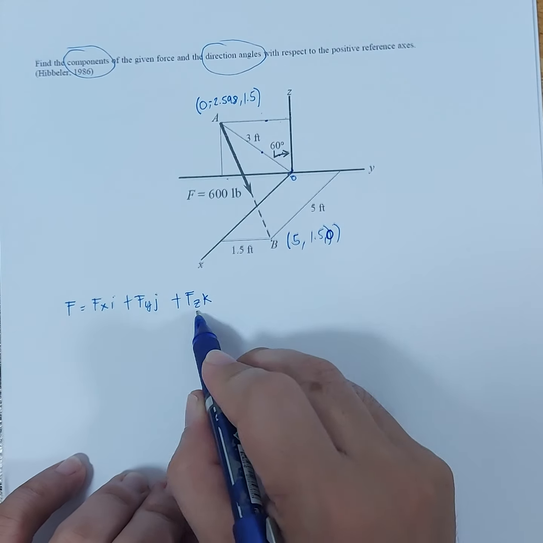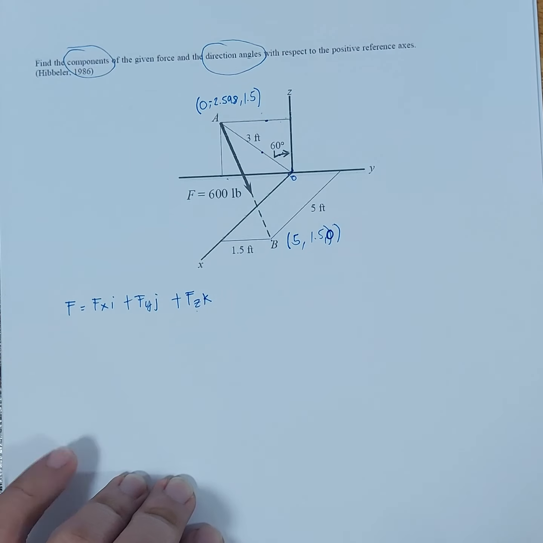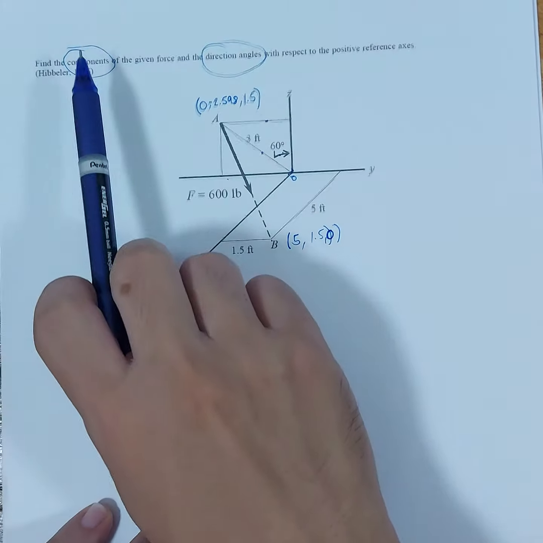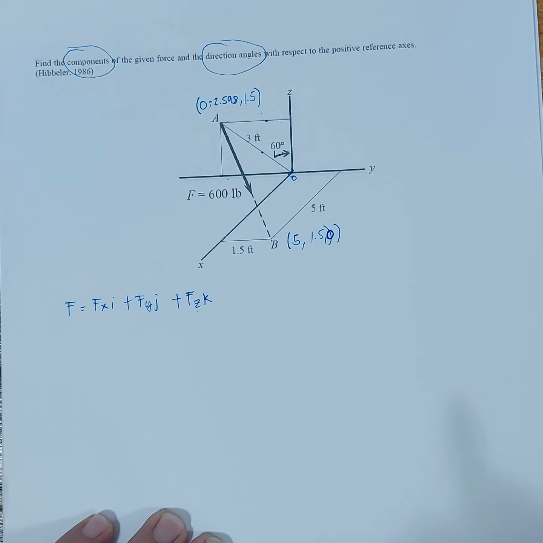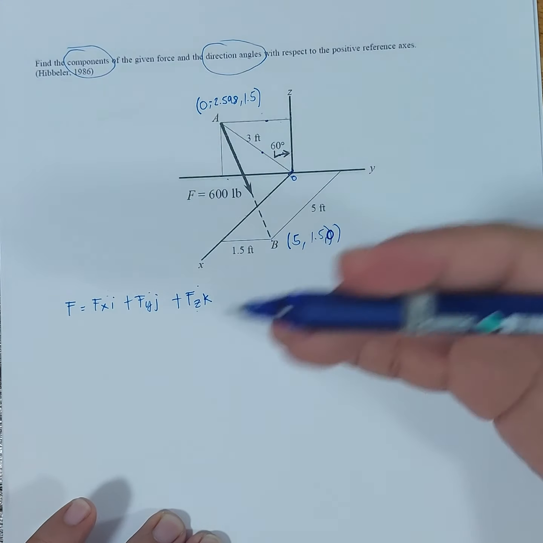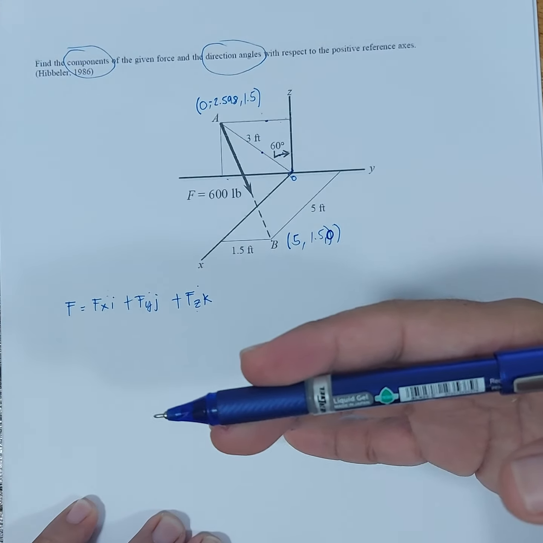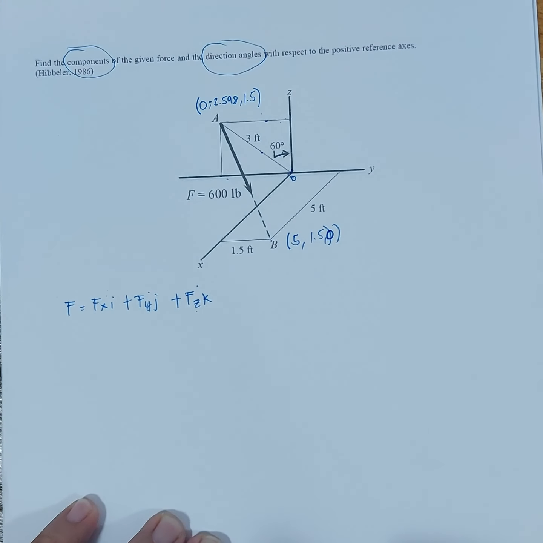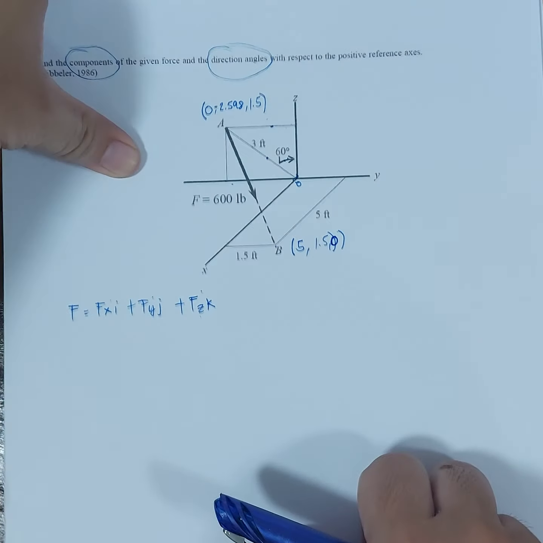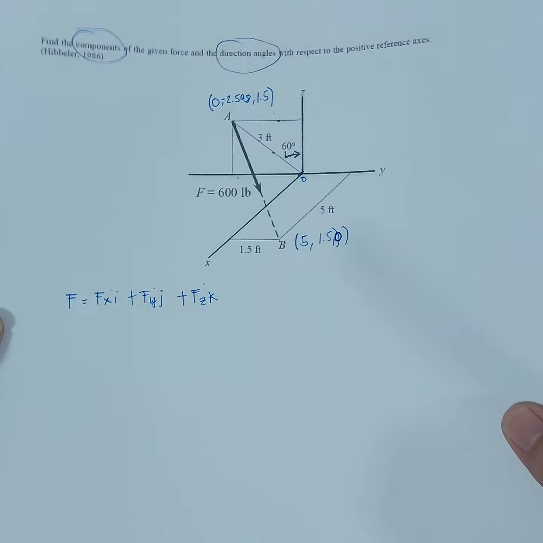So Fx, Fy, Fz would be the components of this force along the three axes. Remember, we're solving for the components and the direction angles. Those are what we need to solve. And remember, in the previous video, we discussed the concept of position vector and unit vector. Let me flash that page.